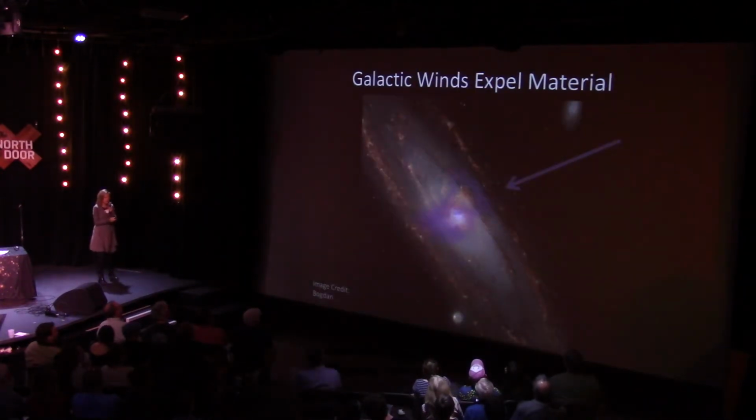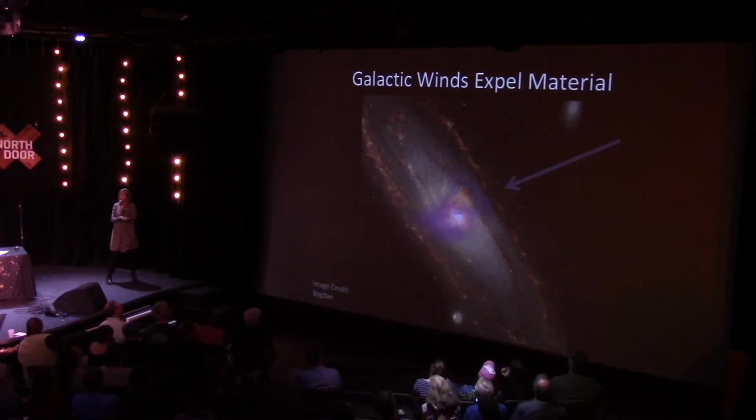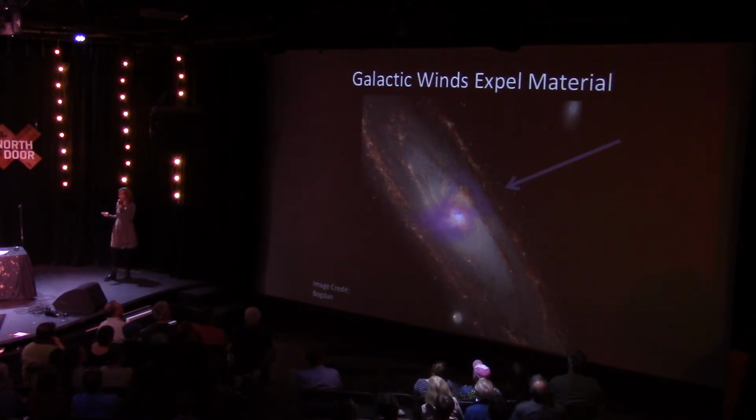And here's one recent image of a spiral galaxy with a galactic wind detected here in this purple. Really hard to measure, really hard to detect. But from the measurement of these stars in Leo P, we've been able to determine that through a galactic wind process like this, this little tiny galaxy has expelled the majority of oxygen atoms that it's ever formed. Thank you so much.